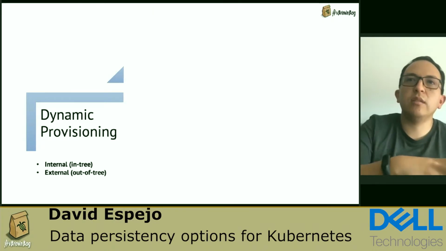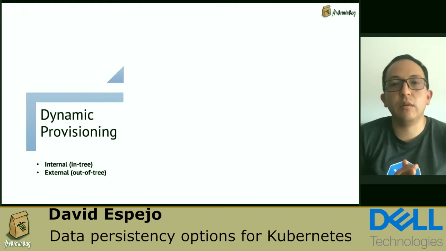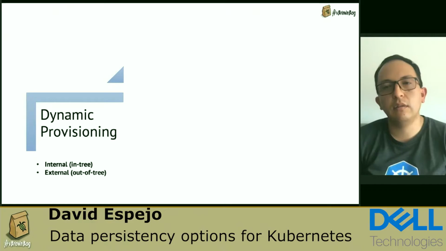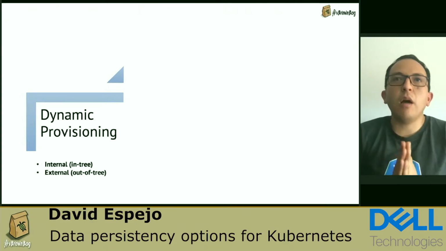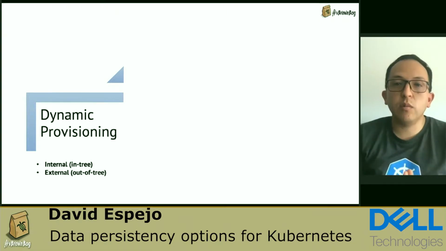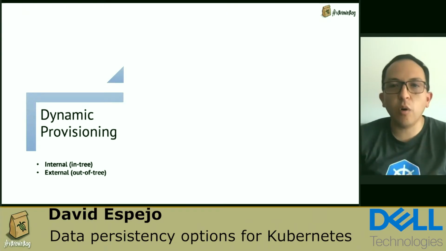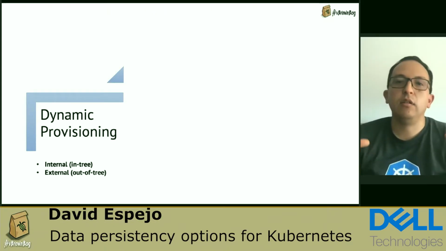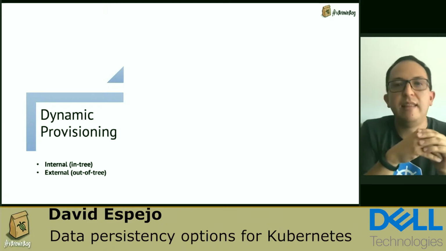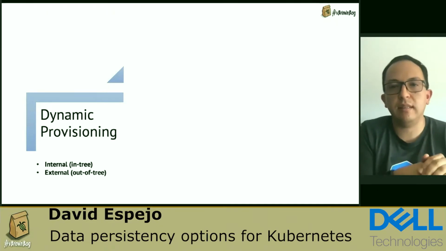And when Kubernetes was released to the world, when it was donated to the CNCF in 2015, the first option for storage providers was to write code and ship it to the CNCF, communicating with them in order to merge that code into Kubernetes itself.